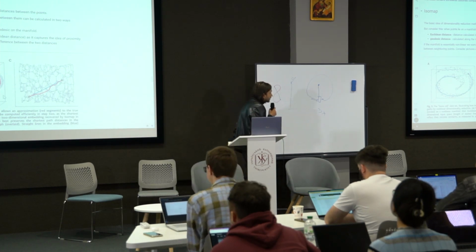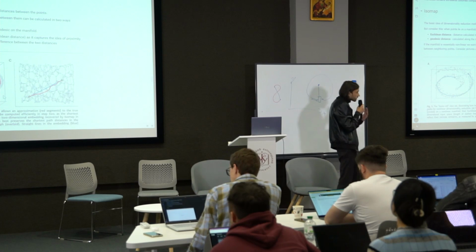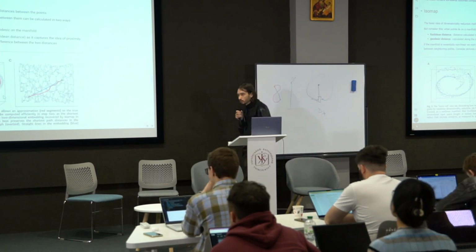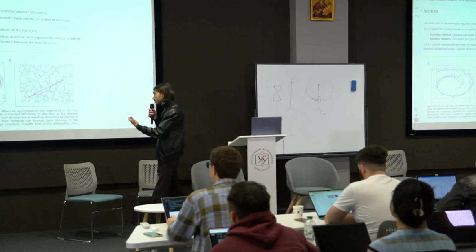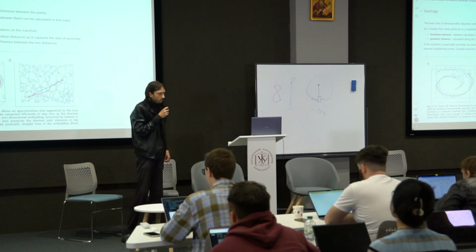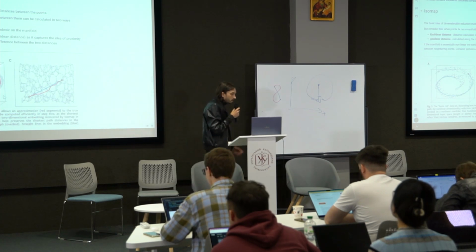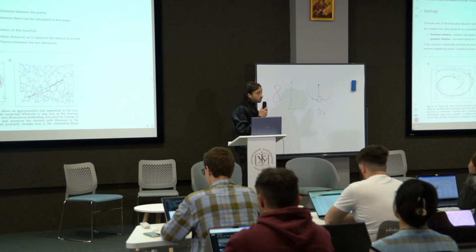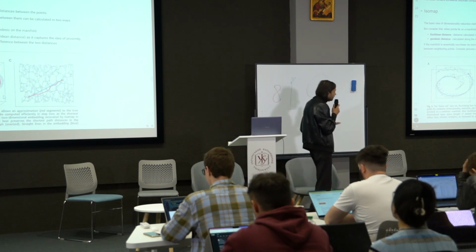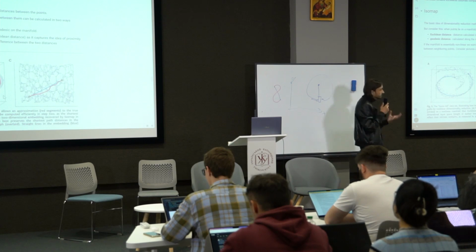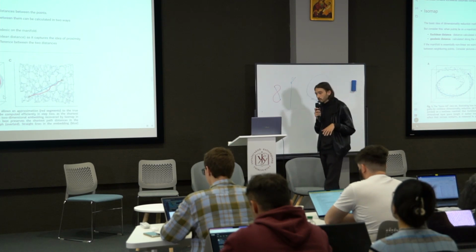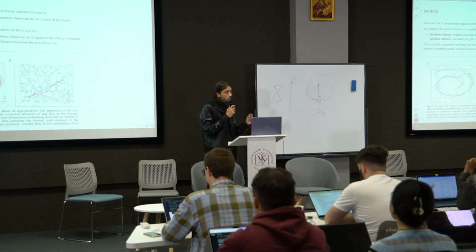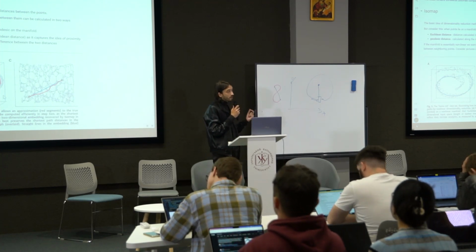Of course, there is a question: how do I calculate that distance between the points, especially since, as you noticed, I don't have the manifold itself? I have just a dataset with data points. And here comes another assumption. If we have enough points to cover the manifold, so we have many points and they are densely set on the manifold, I can try to find the distance by moving from one point on the manifold to another point.